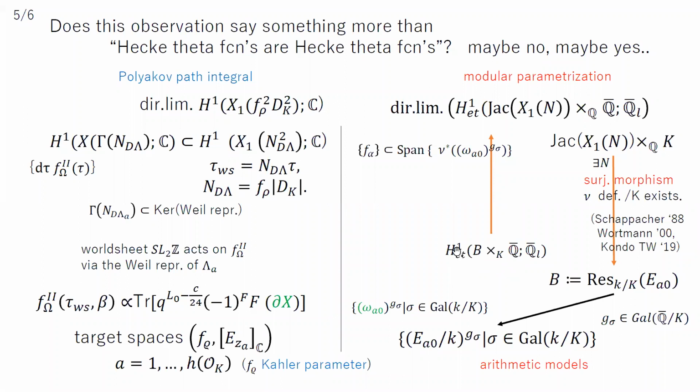So because the modular forms in the same space can be reproduced both by the pullback by a morphism defined over the field K, and also by the pullback by the Polyakov path integral in string theory, this may be more than an accident, maybe just an accident. I don't know, but anyway, that's the observation I can tell you.